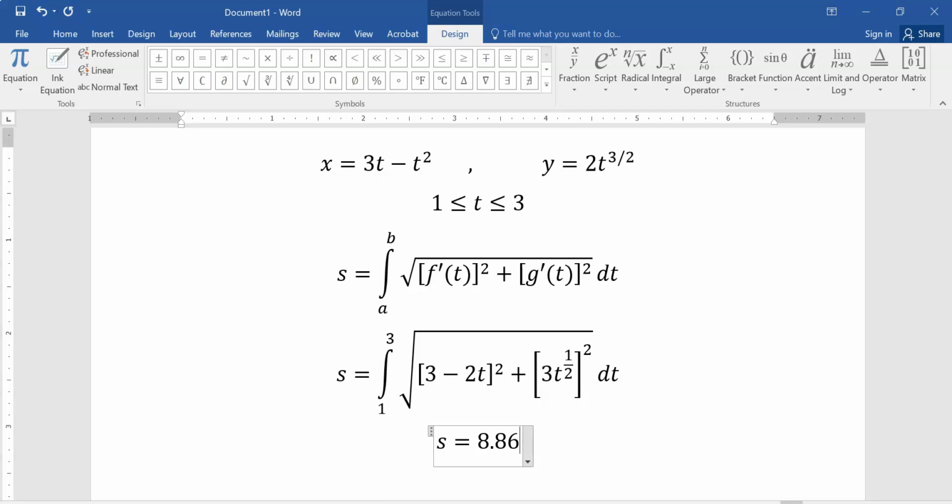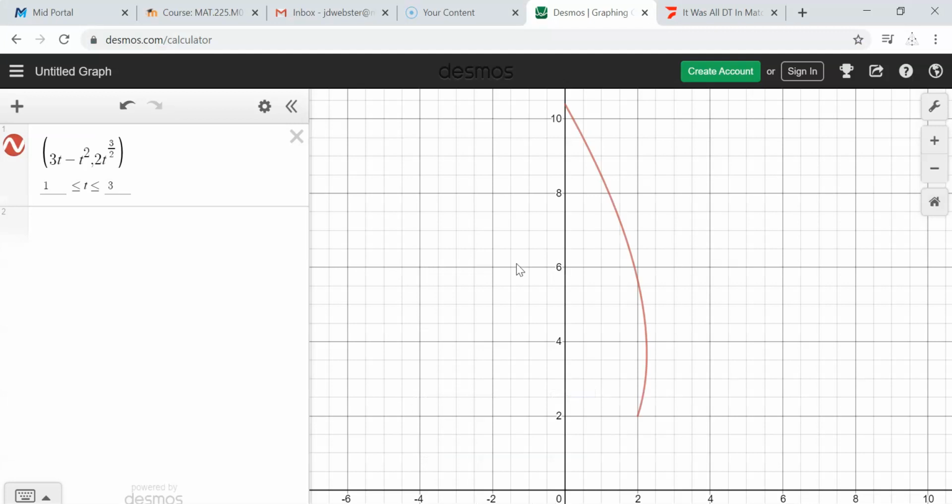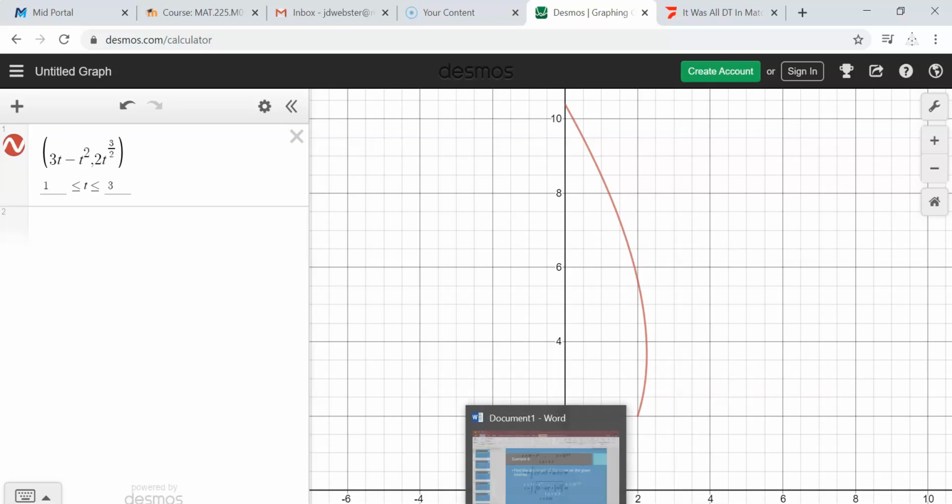All right, but that's the idea. So that's how you do arc length. And by the way, I did graph this. The graph looks like this weird curve that starts at (2, 2) and curves up and over. How long that actual curve is, is the arc length. Okay, so that's what we ended up with.